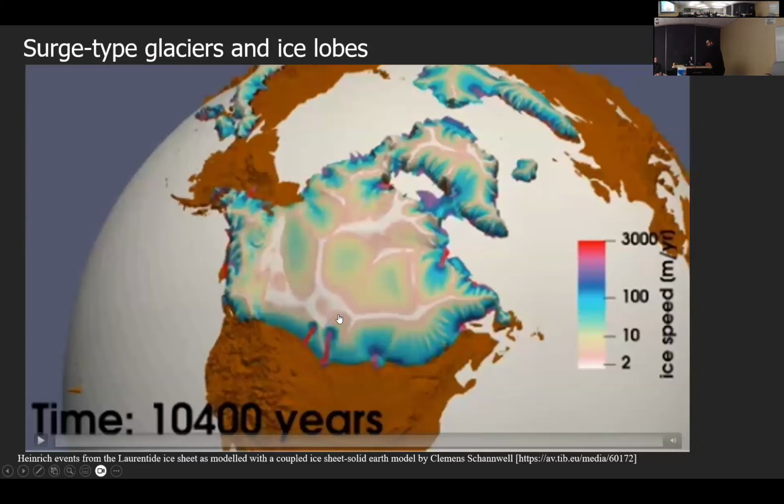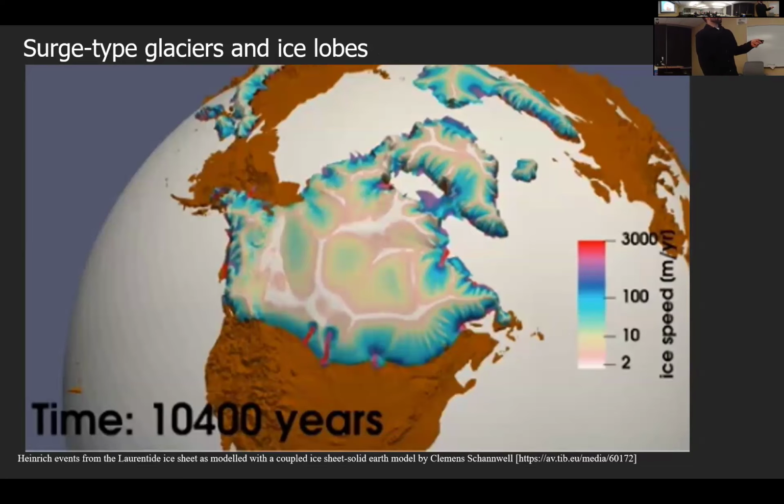And then this simulation highlights a phenomenon in glaciers called surging, where glaciers are flowing ice, and in this depiction, this color ramp shows the speed of the ice flow. So here at the ice divides, the ice is essentially not moving at all. The speed is 2 meters per year.